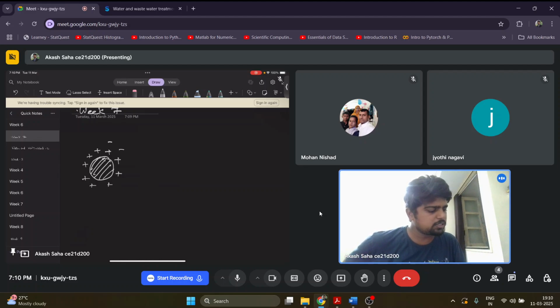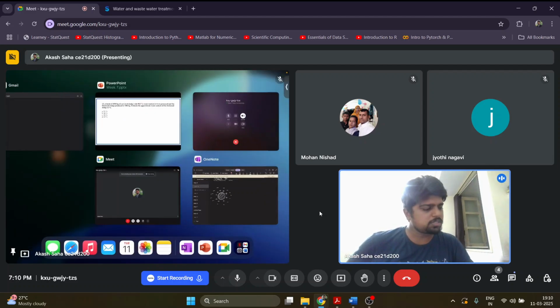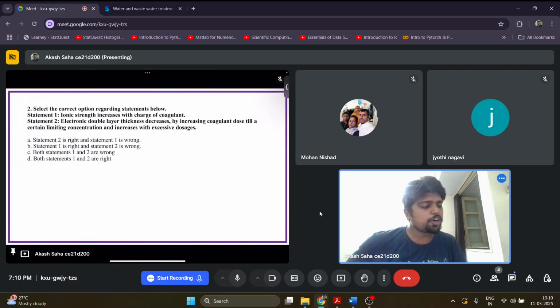So these charges will tend to form a layer over it, right? Now see the statement. It says that the electric double layer thickness, which is nothing but the layer of particles that are being formed, decreases by increasing the coagulant dose.